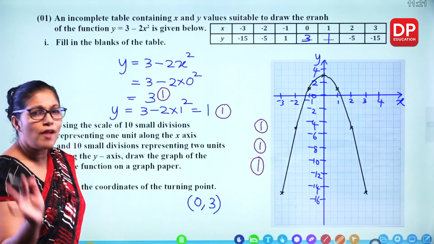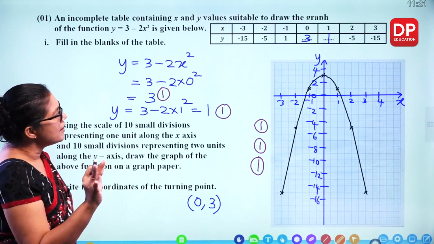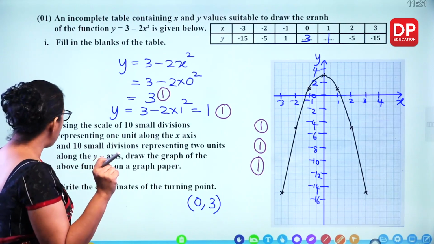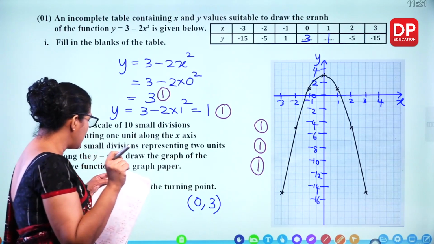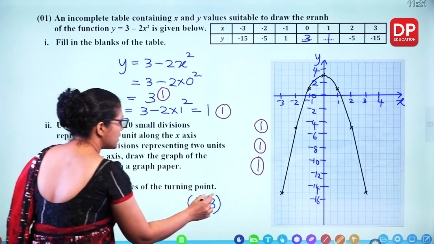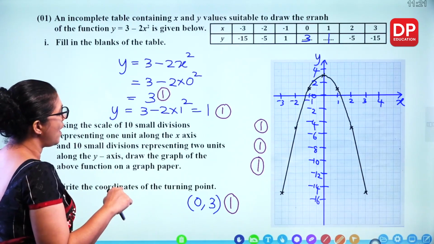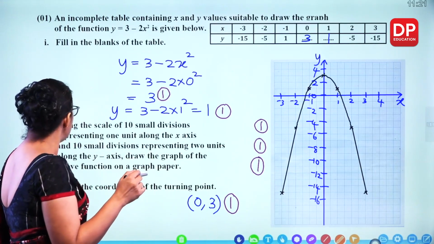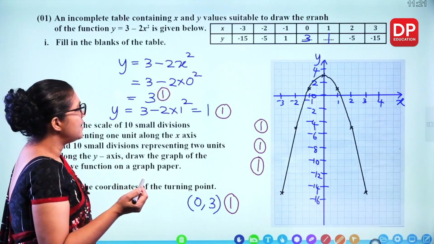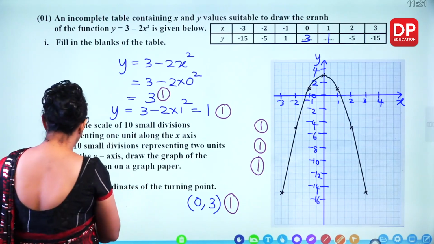So 3 marks always you get for the graph. And then writing down the coordinates of the turning point, 1 mark. So 1, 2, 3, 4, 5, 6 marks for these 3 steps. We'll take the next part.